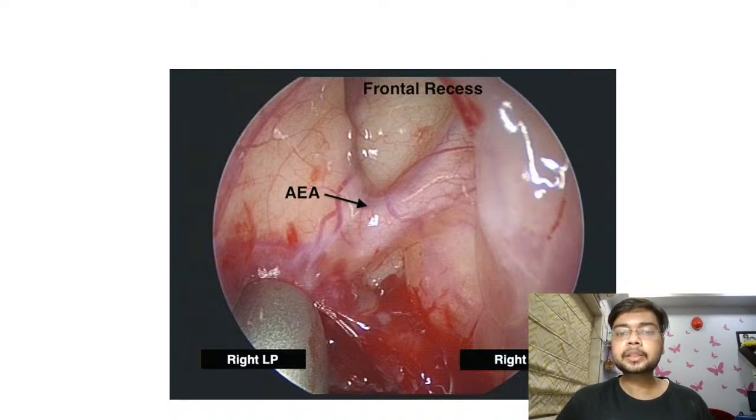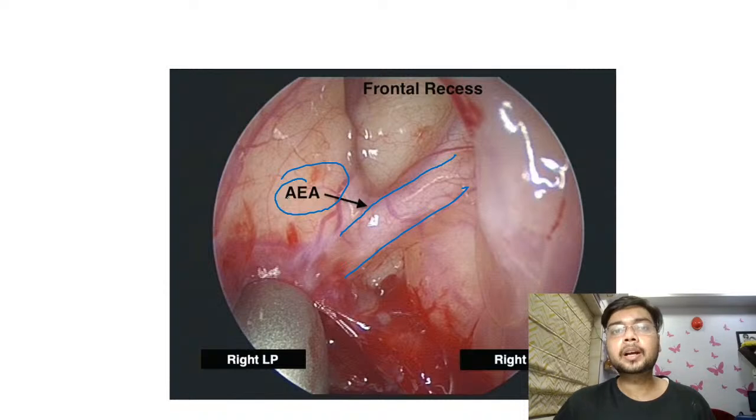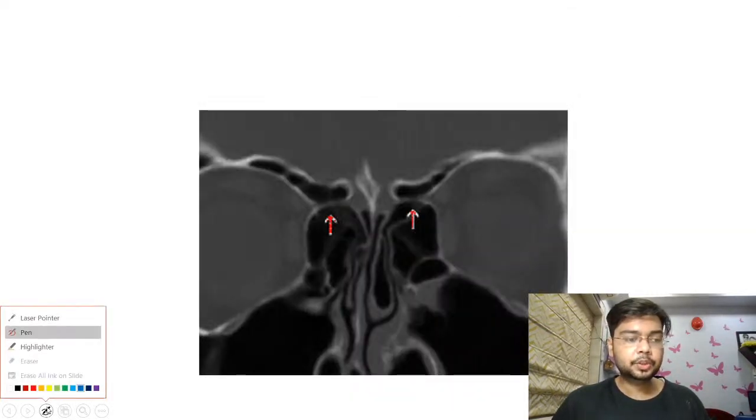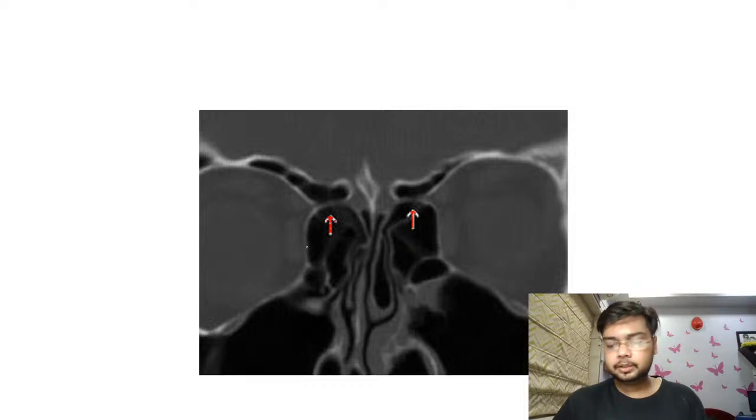Now one more important thing they can ask you in future is about the anterior ethmoidal artery, and I have been repeatedly talking to you about it. I have drawn a red line to show the anterior ethmoidal artery.